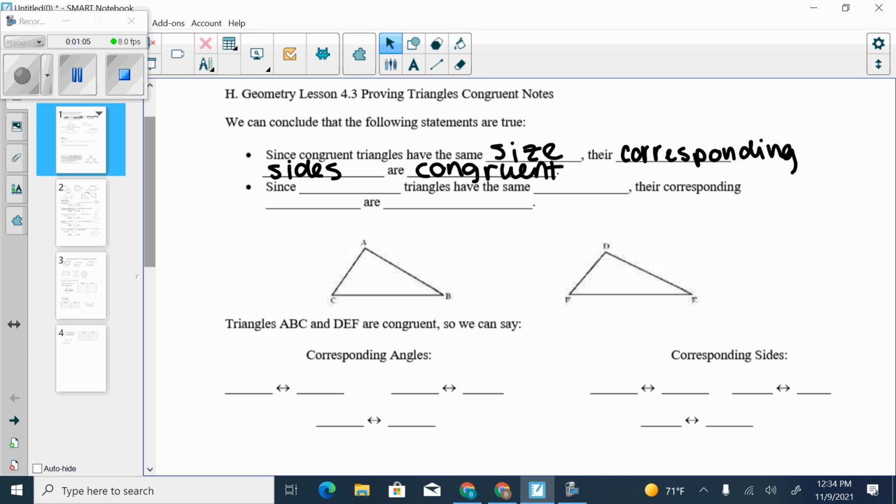And since congruent triangles have the same shape, we then know that their corresponding angles are congruent.